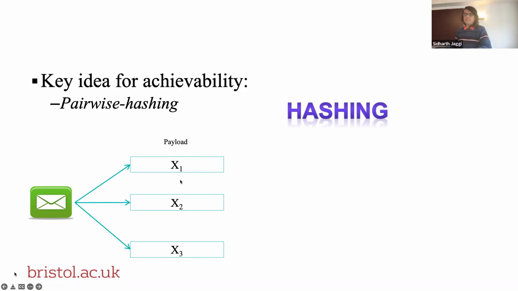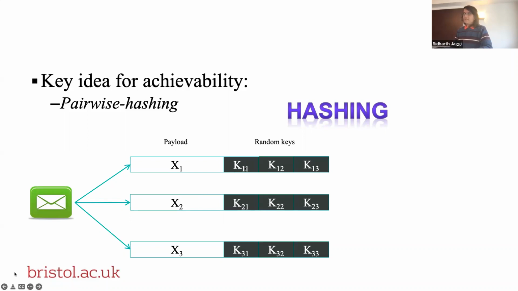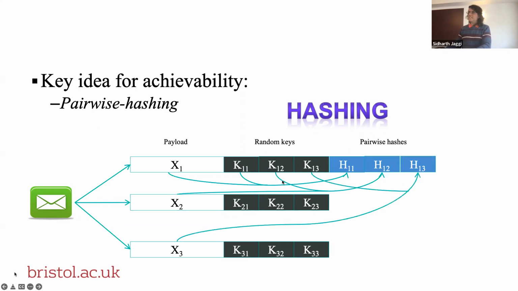M1, M2, M3 stored as M1 plus M2, M2 plus M3, different combinations of that message, right? But then over and above that, she adds some very short random keys, and she stores pairwise hashes. So what are these pairwise hashes?